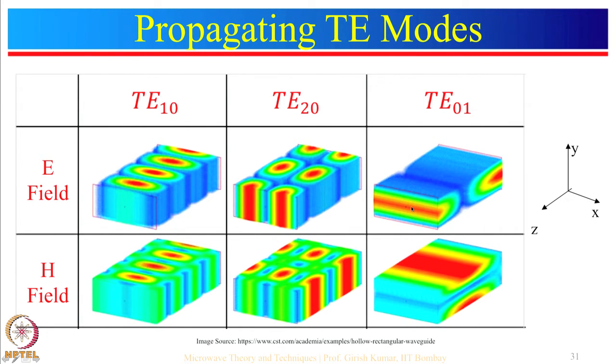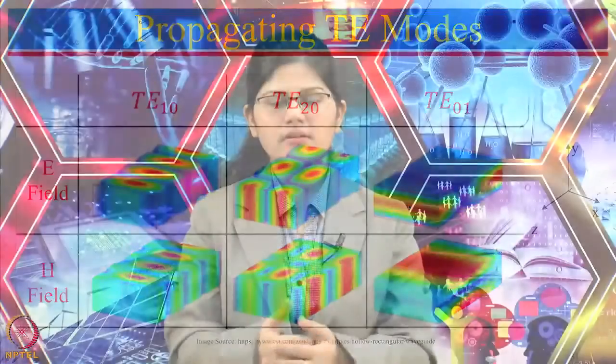So this is TE01 mode. This is how we can plot the field variation of any TEmn or TMmn mode inside a rectangular waveguide. Now let us see cutoff frequencies for rectangular waveguide in different modes.